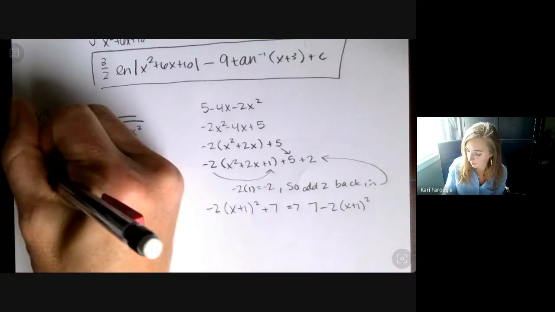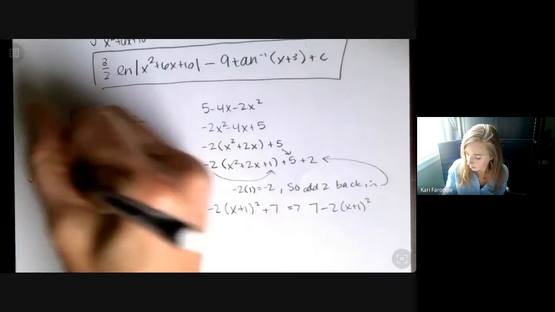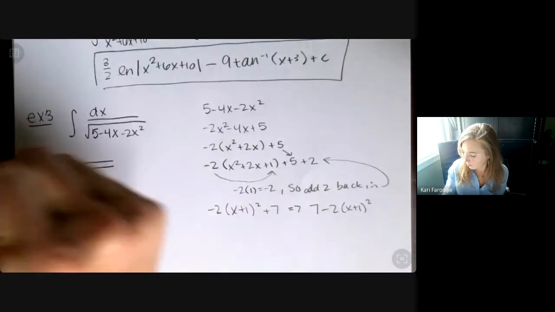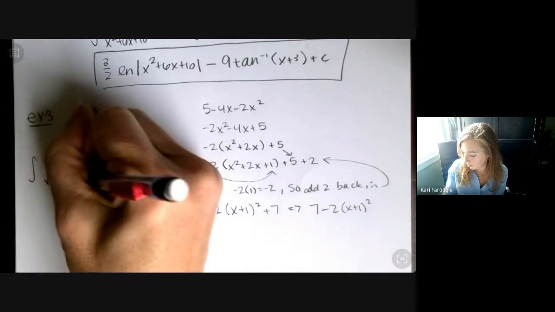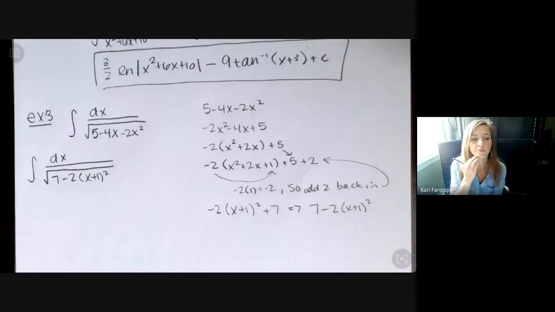Okay. Rewrite your integral: dx divided by the square root of 7 minus 2 times x plus 1 quantity squared. And I was debating over whether to do this using a standard trig substitution or an inverse trig function.